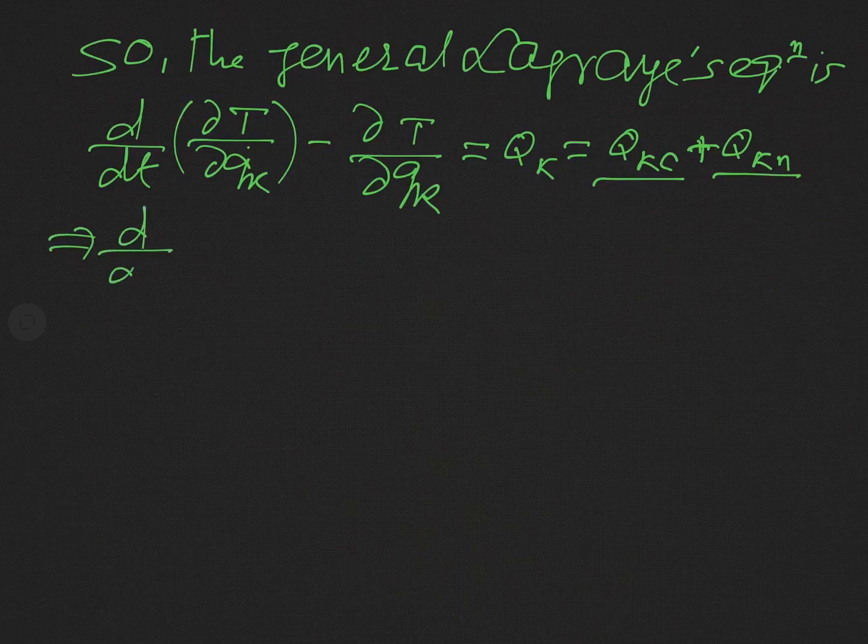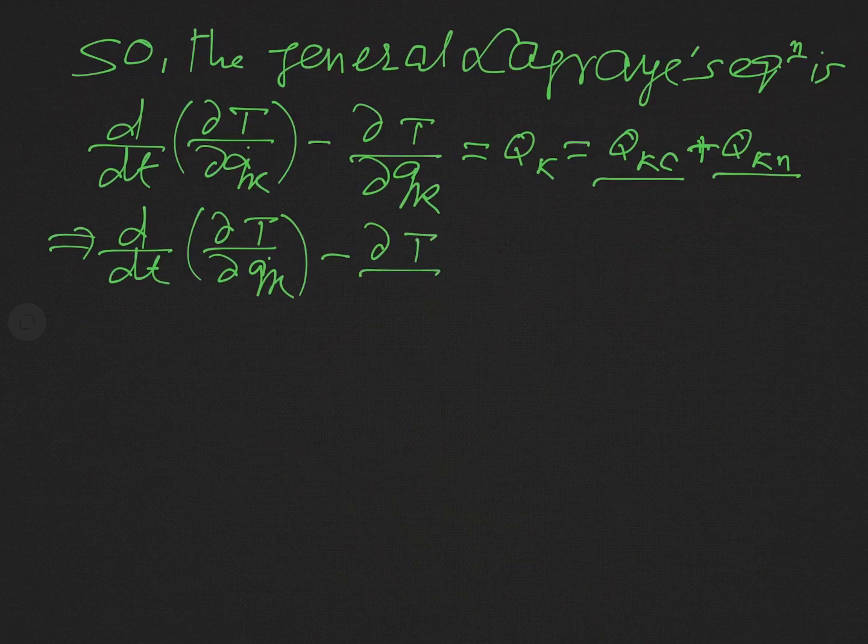Now, like above, what will we do? We will do something in the RHS. First of all, write the LHS. d/dt del T by del qk dot minus del T by del qk, and this equals what we will write in place of Qkc.